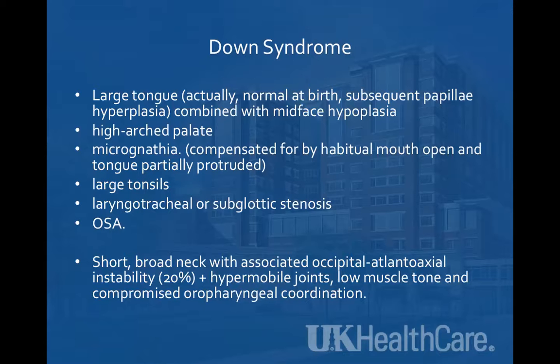Short, broad neck. Here's a little bit of trivia as well. Occipital atlanto-axial instability. Typically, we talk about atlanto-axial instability, but in at least one of our question books, it emphasizes that for Down syndrome patients, the trisomy 21 patients, the instability is actually more frequently at the occipital atlantal joint than it is one level down at the atlanto-axial.